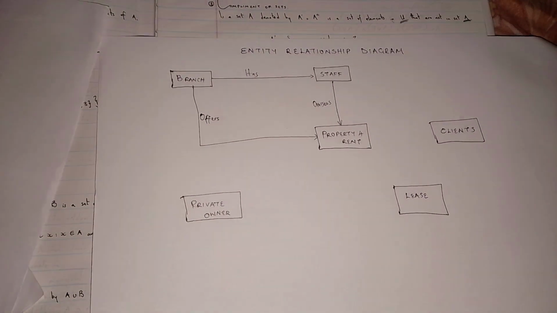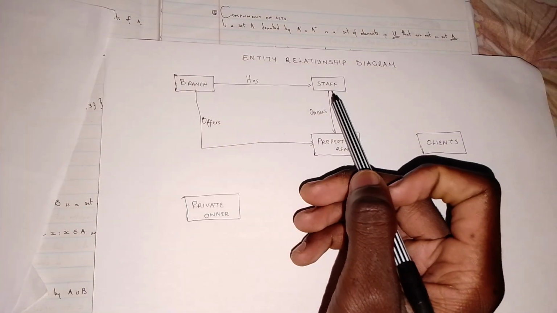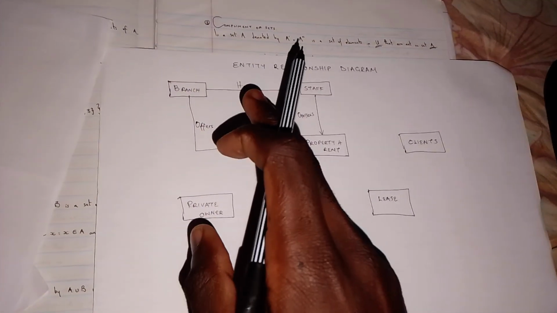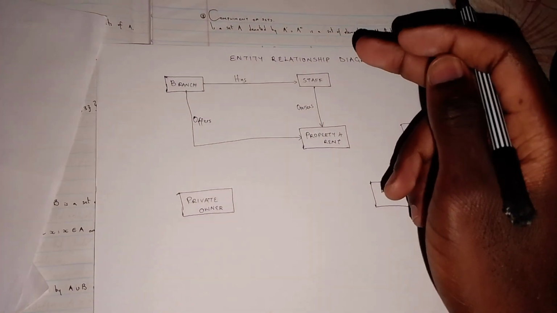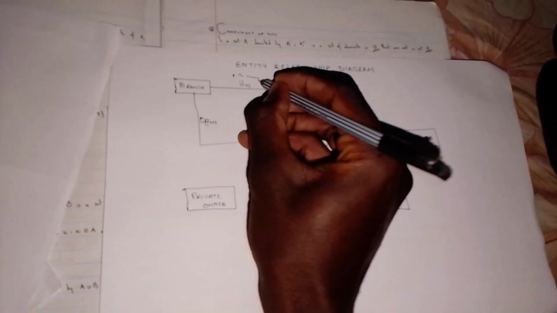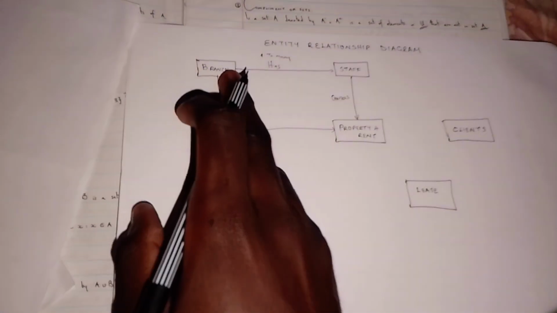Then again, the relationship between the staff and the branch is that the branch can have many staff, but one staff can only belong to one branch. So again, it's a one-to-many relationship. Say John works for Lusaka branch; John will only belong to Lusaka branch and will not belong to another branch.